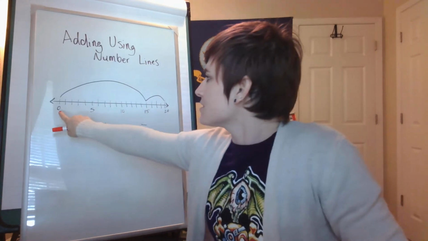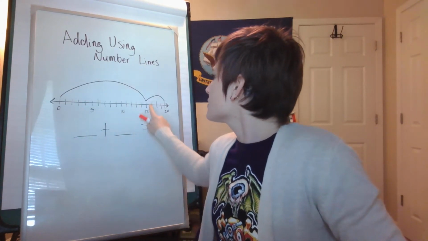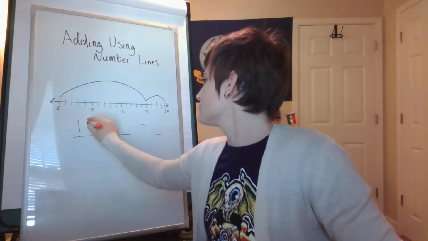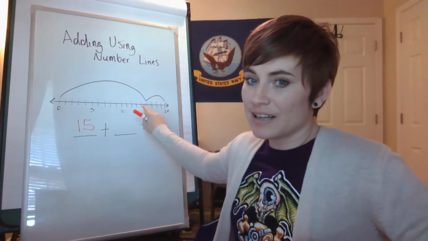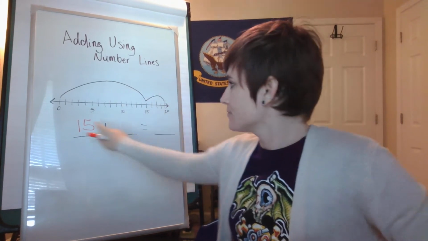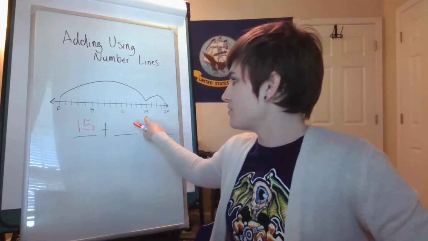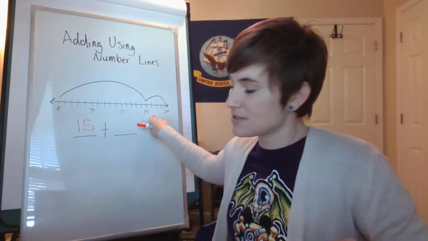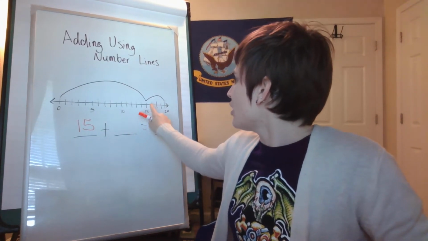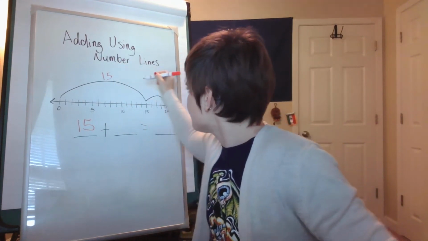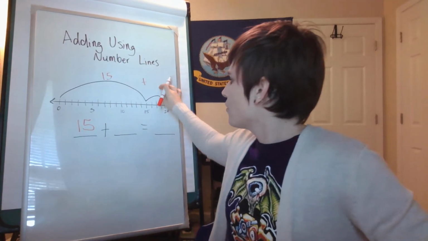So what that means is that we're starting with 15, and we're adding a certain amount more. So I know this is 15 because it goes from the 0 to the 15, and that's 15 tally marks. So now I need to figure out how much I'm adding. So this is 15 plus what?